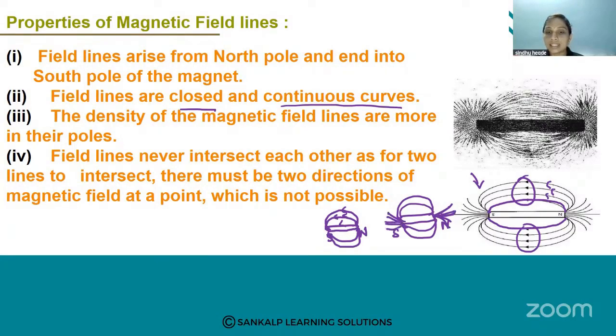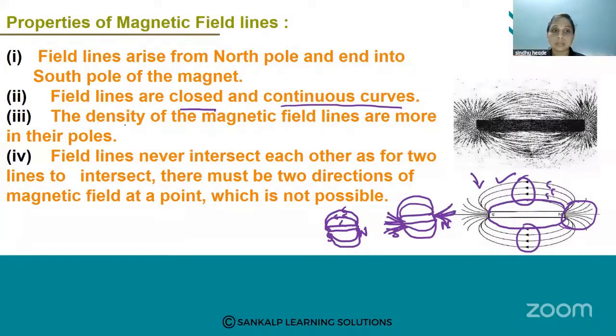Some field lines are generated in poles also. So as compared to this region, in the pole region more magnetic field lines are generated. That is the third property.